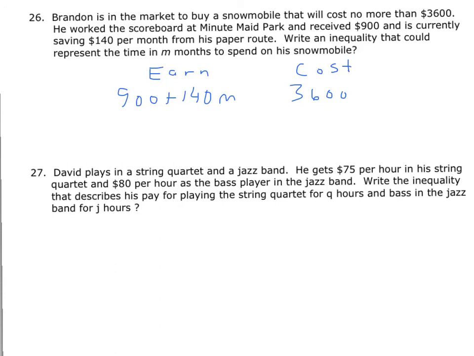So if he's going to earn money, he can earn either that amount, the $3,600, so it's either equal to $3,600, or if the snowmobile is less than that, he can earn less money than that. So the number of months could be less than that, but he doesn't need to earn any more than the cost of the snowmobile.